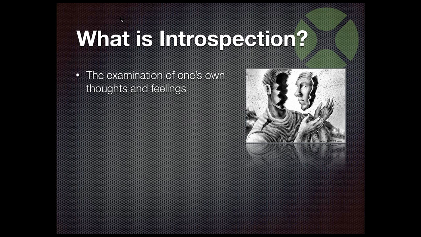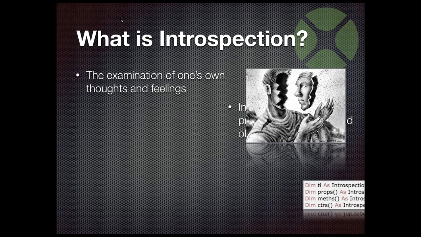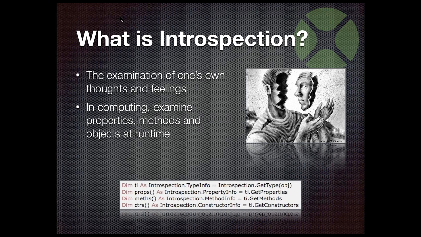However, this isn't philosophy, so you have probably come here to learn what introspection is in computer science. That is simply being able to examine properties, methods, and objects at runtime. Down below here I have a couple of little examples in Xojo, just one-liners that we will get into and learn how to use.